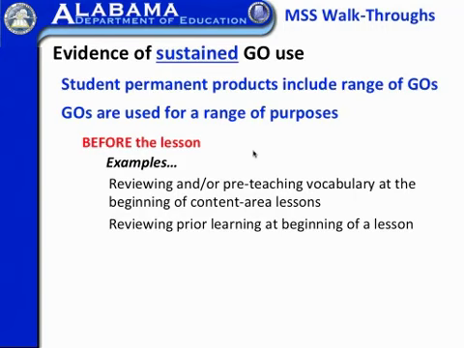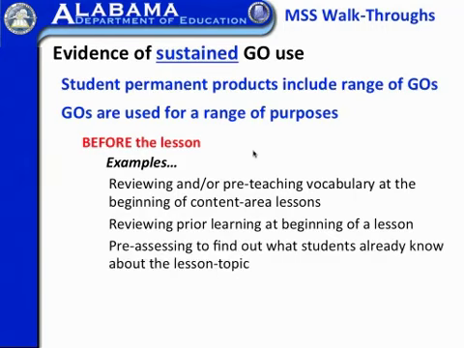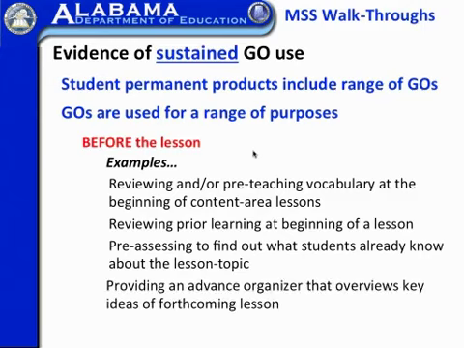Another way of using it is pre-assessing to find out what students already know about the upcoming topic. And they're also really powerful tools for providing students with an advance organizer that overviews key ideas of a forthcoming lesson.